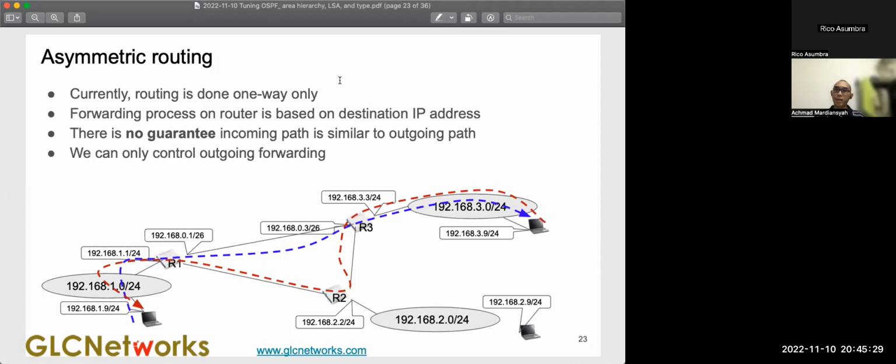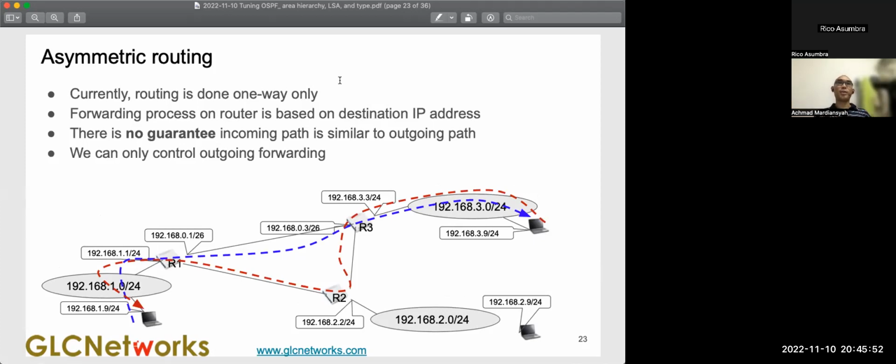Here we have asymmetric routing. Asymmetric routing means the routing is done only one way. What we can control is just the outbound. We cannot control the inbound, because that's from other routers to ours, right? Especially if you are doing BGP.